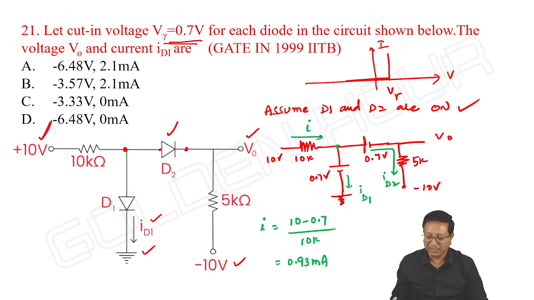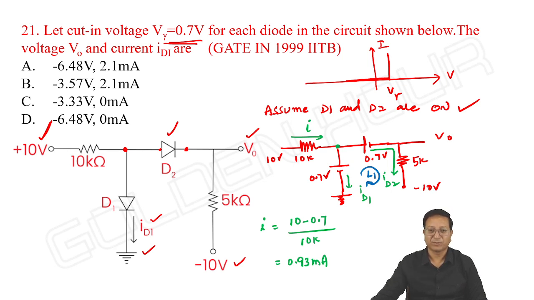I'm just writing the loop equation. If I consider this particular loop, let me take L1. What we can write, taking the polarities minus plus: minus 0.7 plus 0.7 plus ID2 into 5k minus 10 is equal to 0.